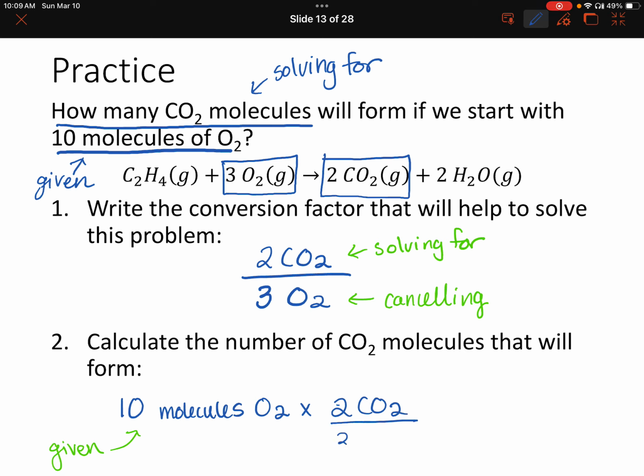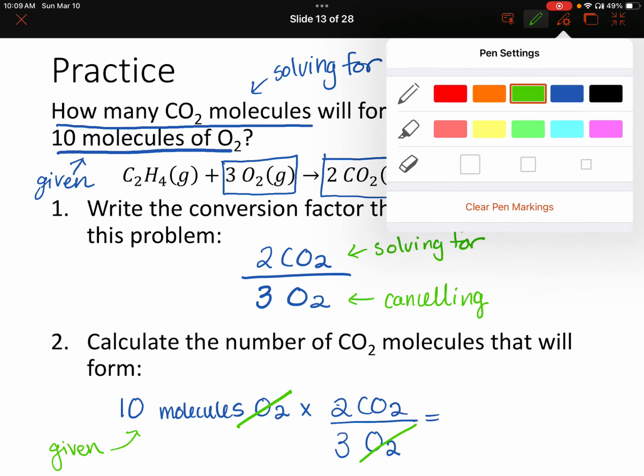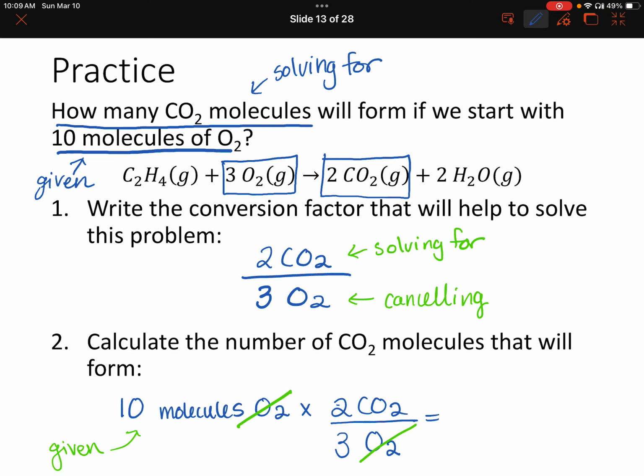So 2 CO2 over 3 O2. So now we can cancel molecules of O2, and that will give us a final unit of CO2 molecules. So all we need to do, we'll multiply across the top, 10 times 2, and we'll divide by the denominator, which is 3.